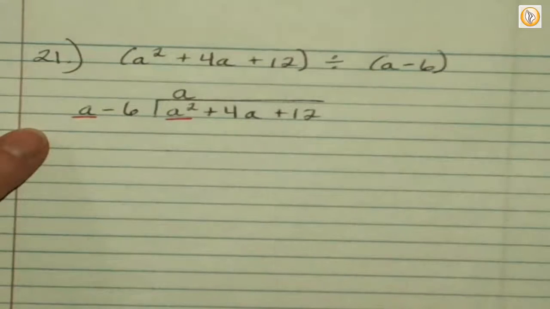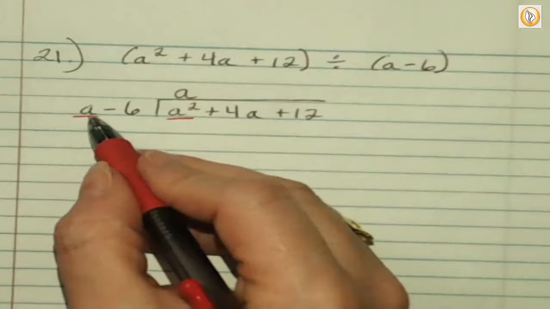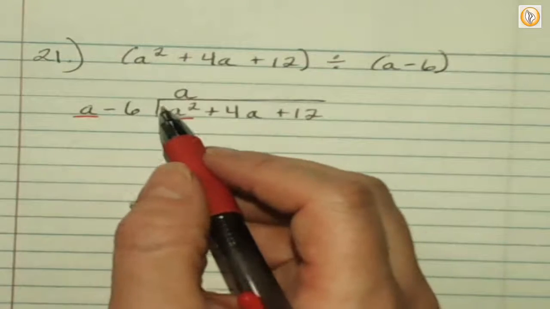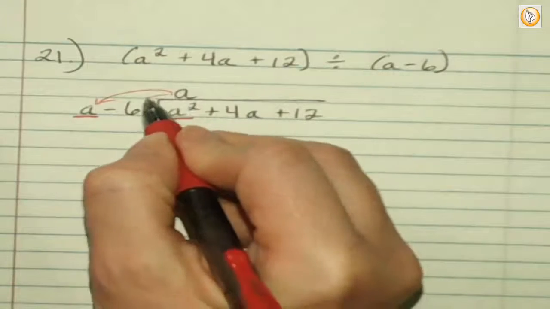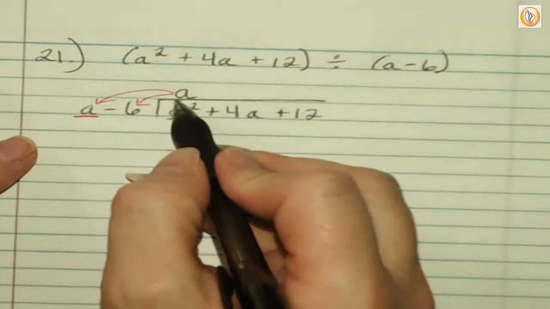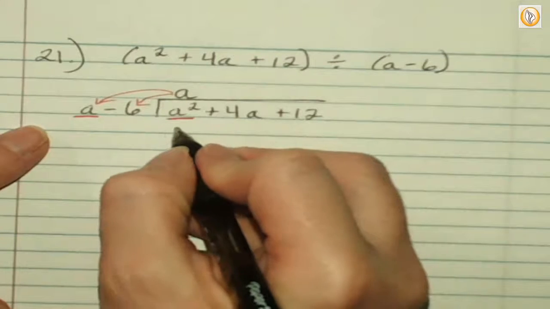You can just put an a, because a squared divided by a to the power 1, you subtract, and you would get, like Valeria said, a to the 1, or you can just leave it as a. Now we multiply it by everything in the divisor. Morgan, what's a times a? A squared.